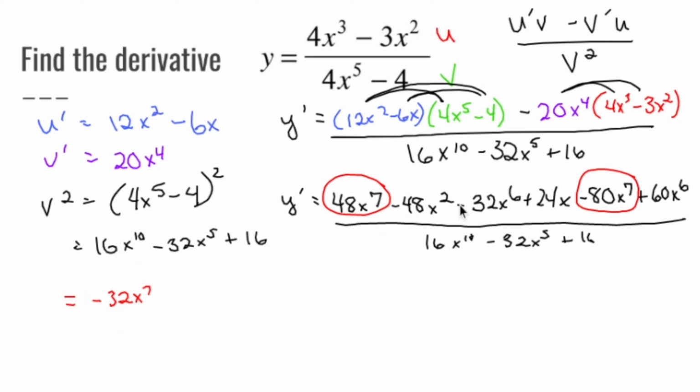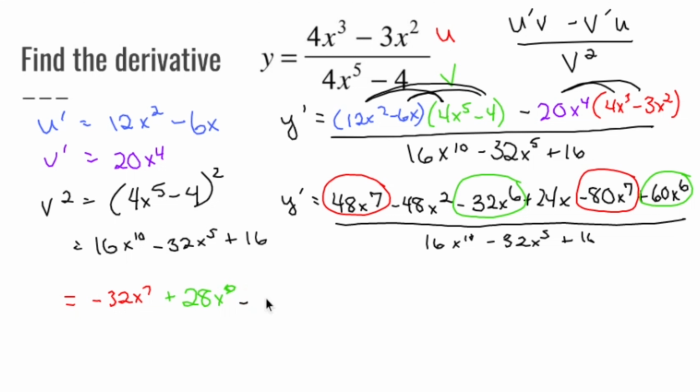Negative 24x to the 6th plus 60x to the 6th is 36x to the 6th. I had to think about that for a second there. That's supposed to be x to the 6th. What else? Nothing else combines.